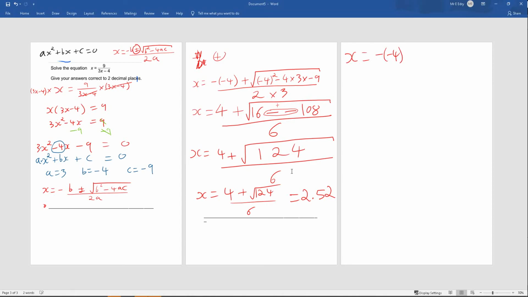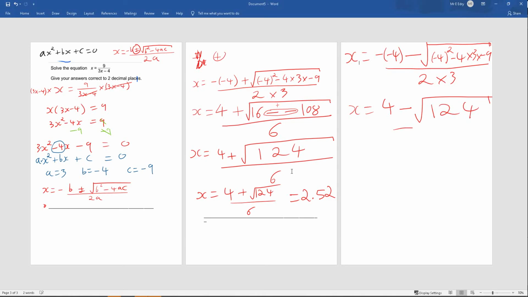And instead of plus the square root, I now need to take away the square root. So minus the square root of minus 4 squared, minus 4 times 3 times minus 9, all over 2 times 3. And I can see that will work out to be 4 minus the square root of 124, all over 6.